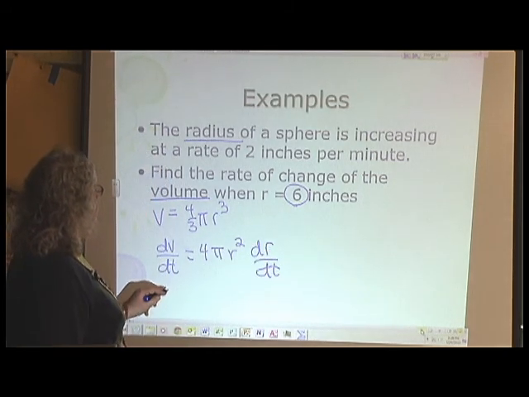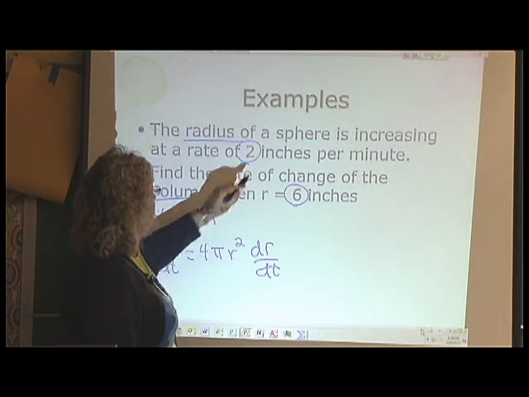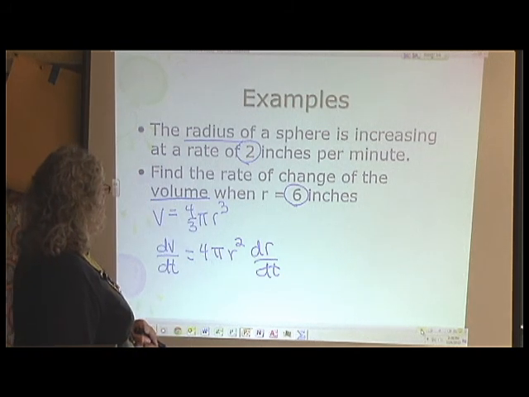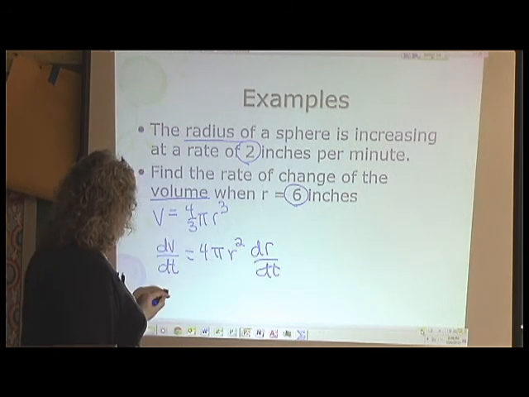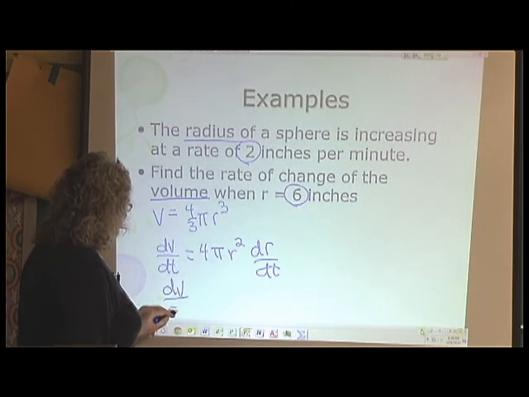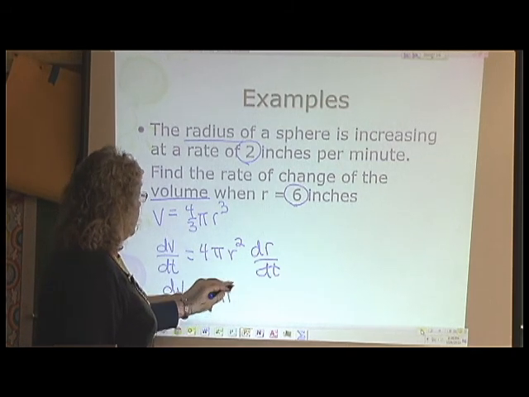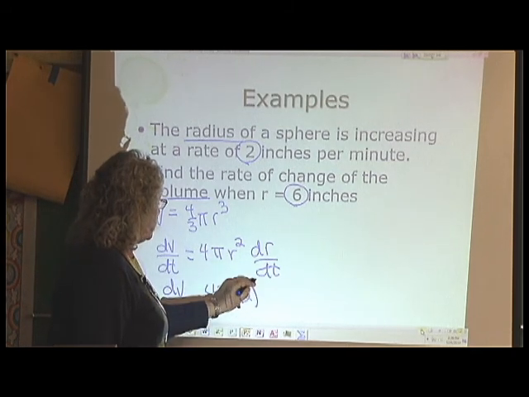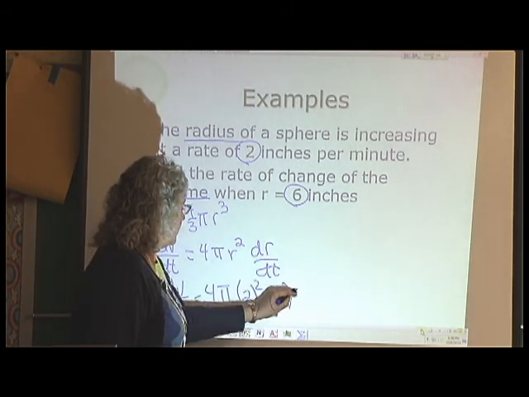We also substitute in the 2 for dr/dt. So we have dV/dt equals 4 pi times 2 squared times 6.